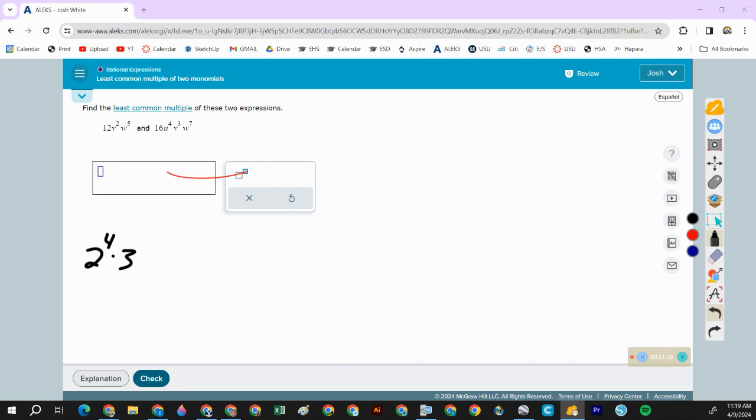The largest set of u's would be u to the 4th, and the largest set of v's is v to the 3rd, and the largest set of w's is w to the 7th. So that's going to be 16 times 3, which I believe is 48, u to the 4th, v to the 3rd, w to the 7th.